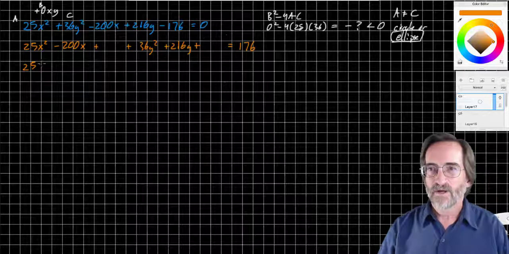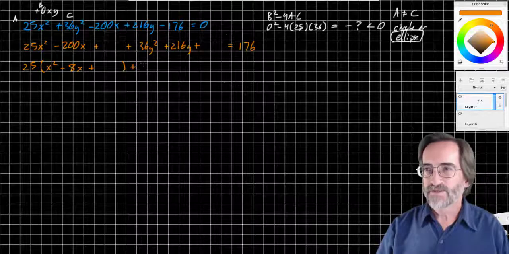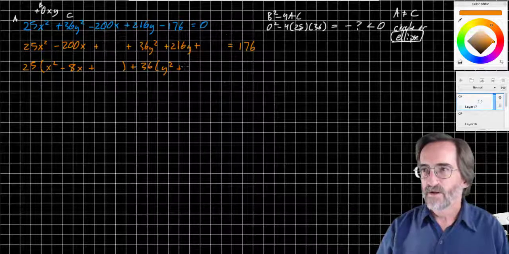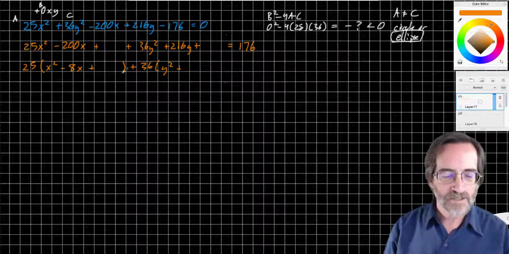The next step is to factor out anything that can be factored out of the x terms. 25 times x squared minus 8x plus something, plus 36 times y squared. See, 216 divided by 36.